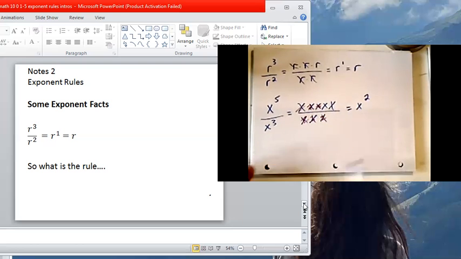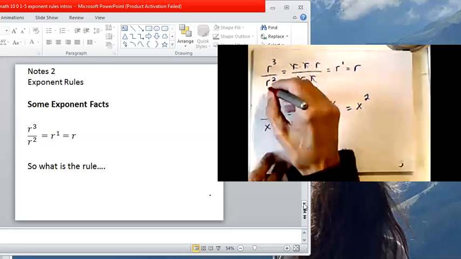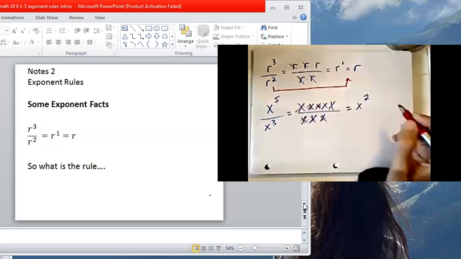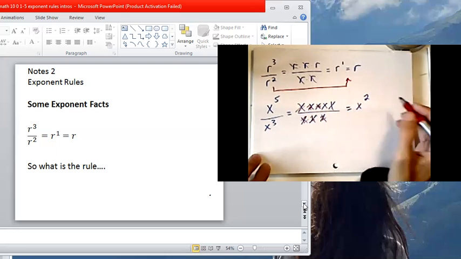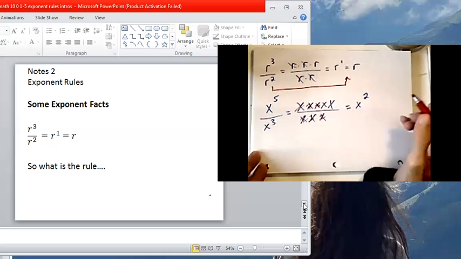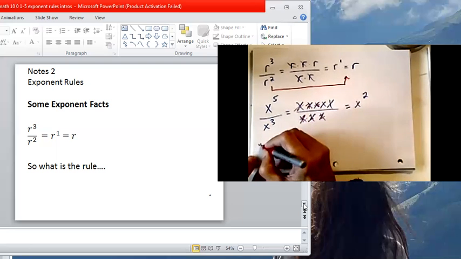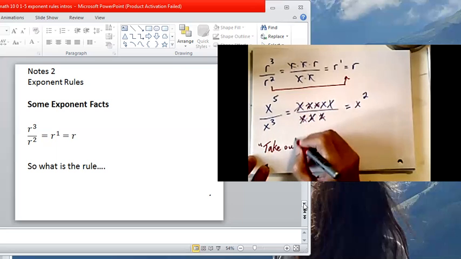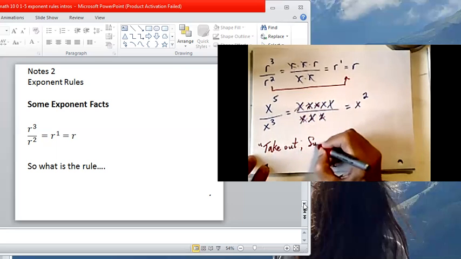So what's the connection now? What's the secret? How to go from there right to there? We're not going to add. We're going to take out. Nice. What we do, we can subtract.